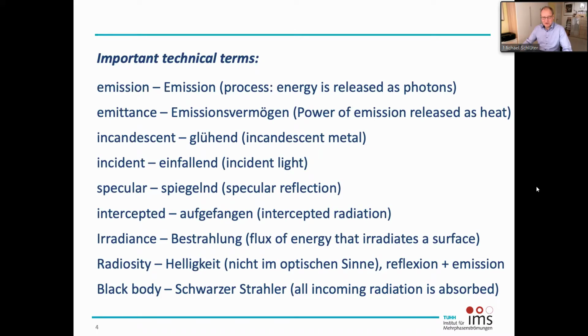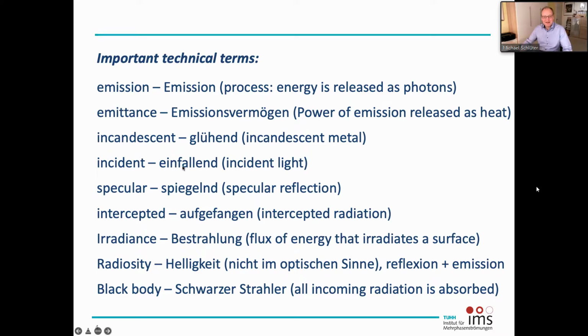Good. If not, then let's go to the vocabulary once again. We had this already last week, but I guess it's good to repeat. So emission was, I guess, a vocabulary that is now almost clear. The emittance was another important term. It gives the power of emission that is released as heat from a certain body. We have the incident, which means that we have an incandescent metal. You remember our example of this incandescent metal with different colors. So in German it's glühend. We have the incident angle, so incident light.